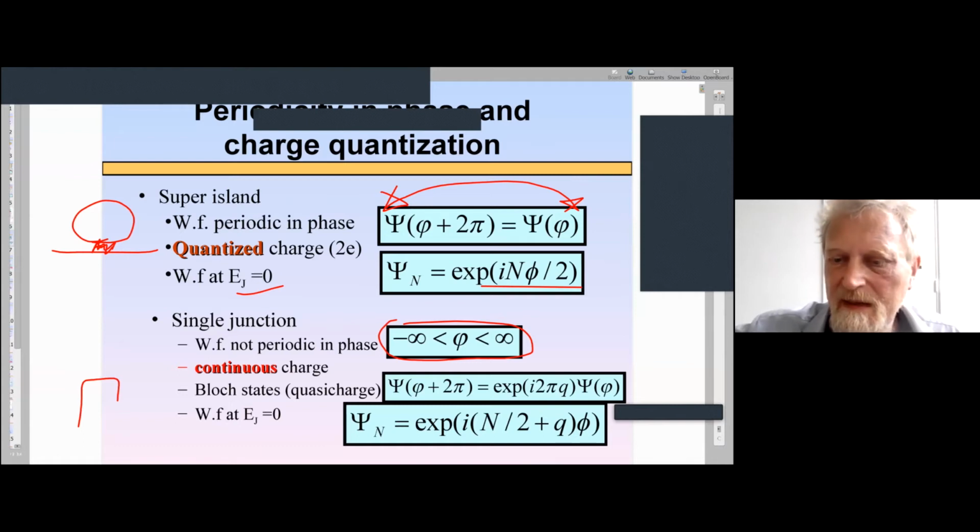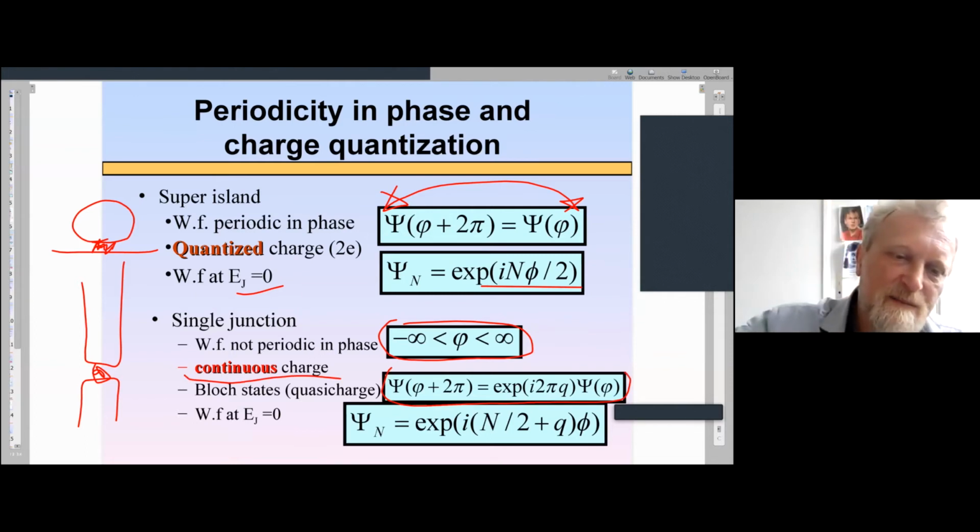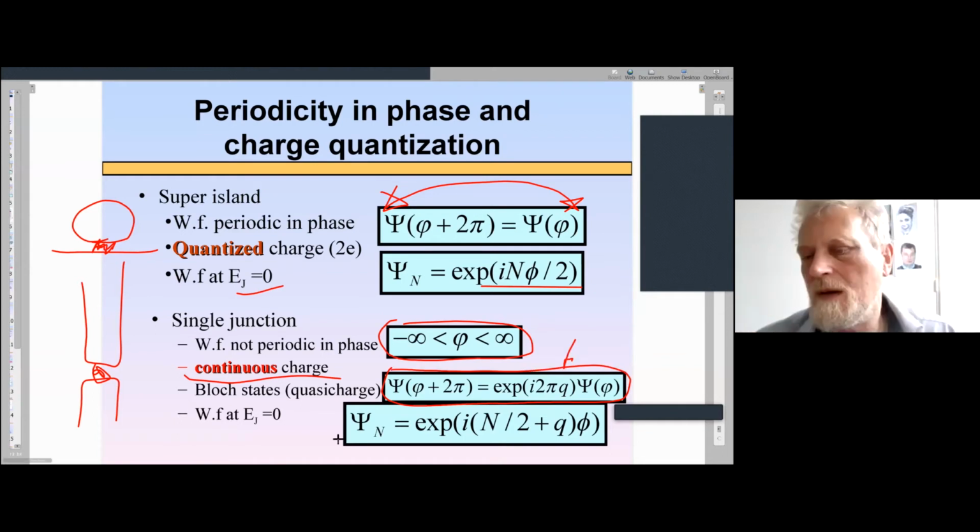They can differ in what is called quasi-charge. It's analogous to quasi-momentum in solid state theory. Again, if one forgets about Josephson energy, one gets explicit wave functions of these states with certain charge.